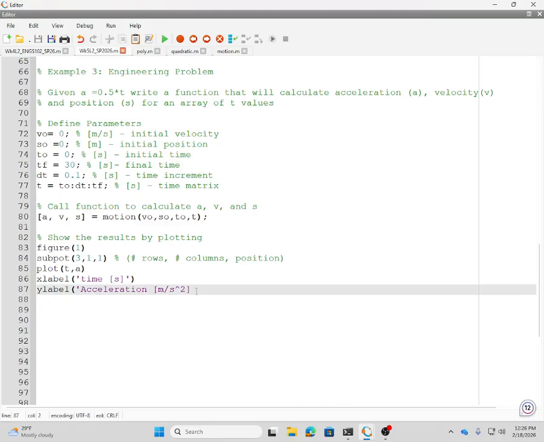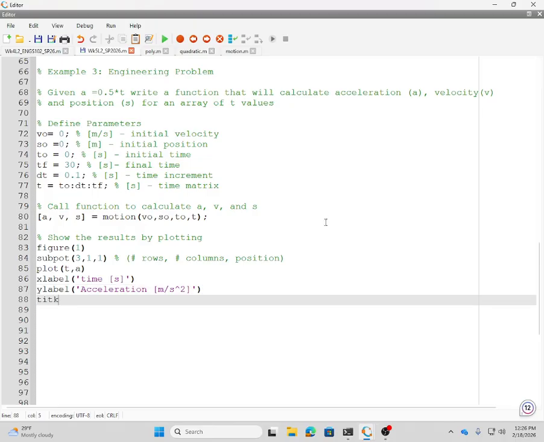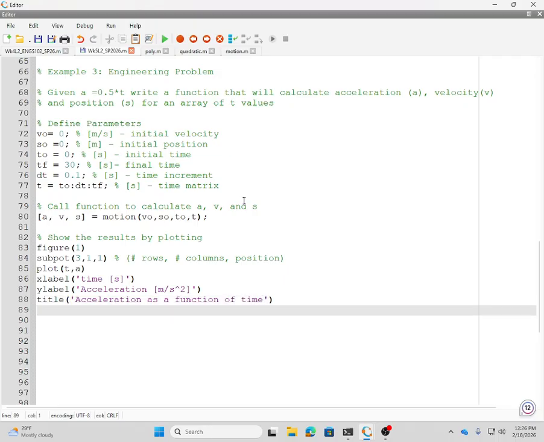Oh, that's the reason. I didn't quite finish it. So title is acceleration as a function of time. Now it should work. So let me save it and run it and see what happened.